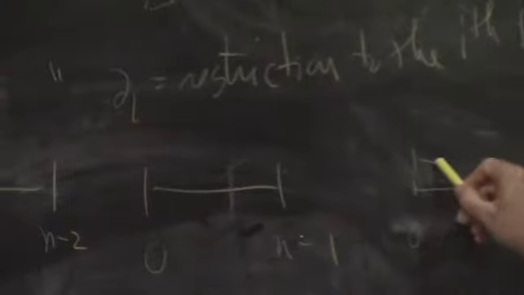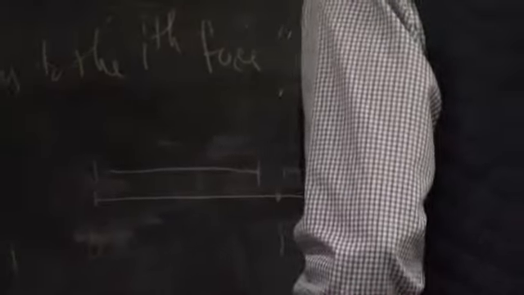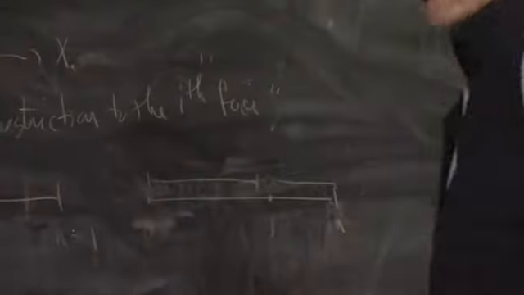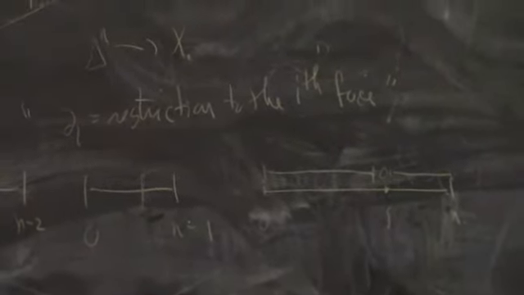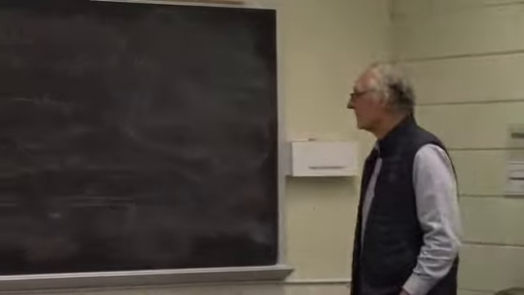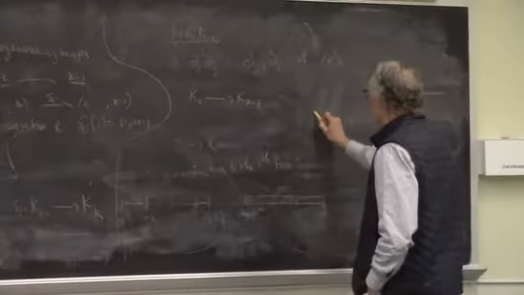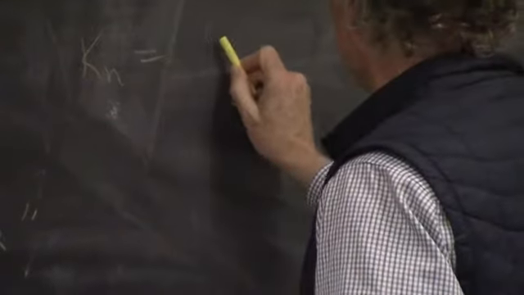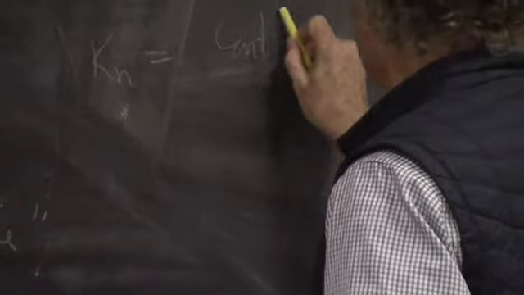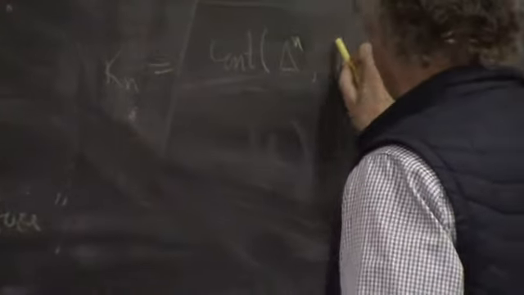So the map will break here and have that kind of image with a hole at j. Okay. So here we're letting K_n be delta n, and I guess I'm confused about what. Now K_n here is the set of continuous maps of delta n into X.